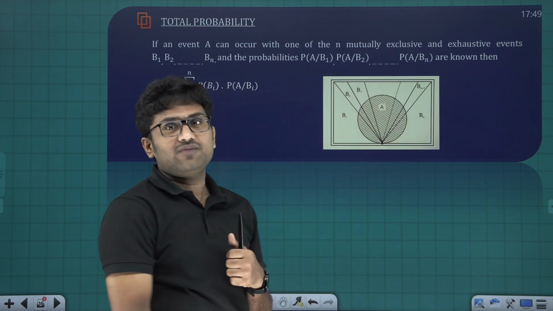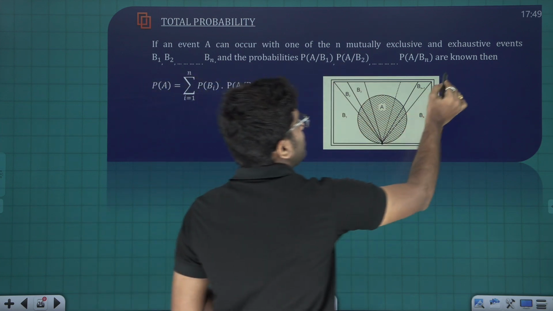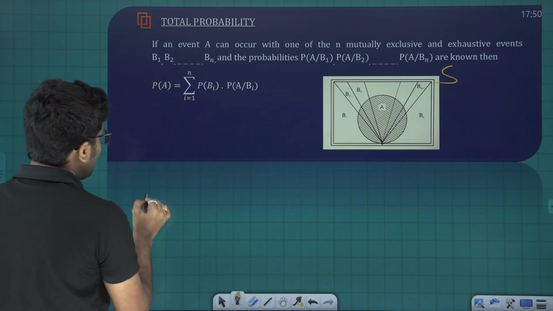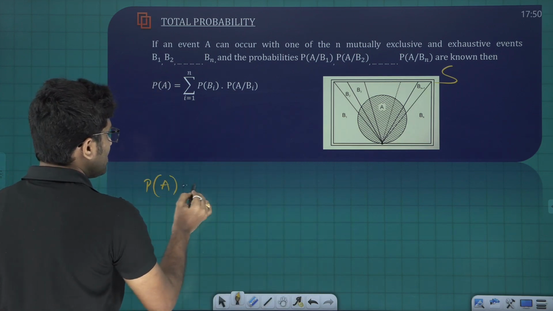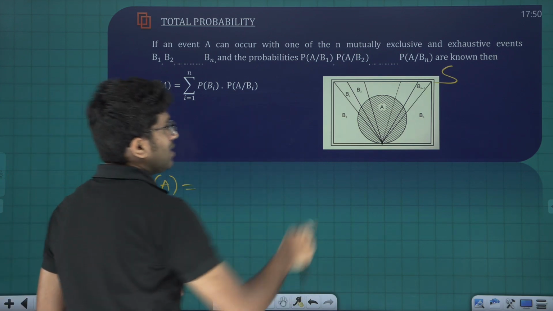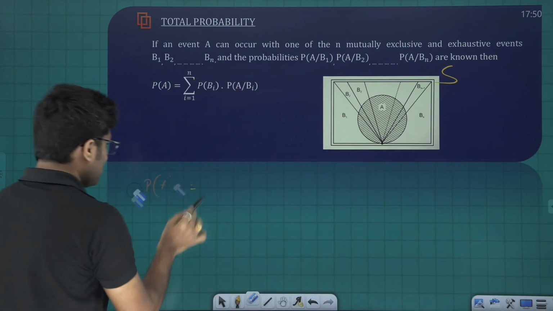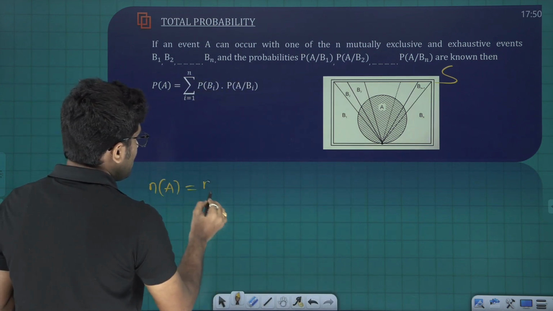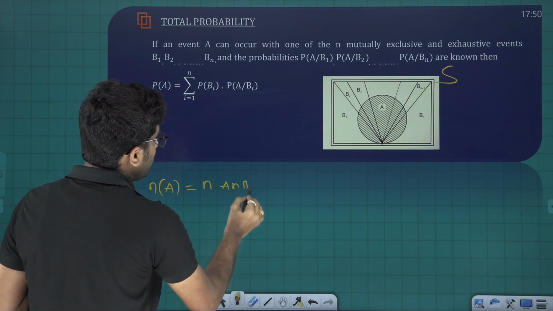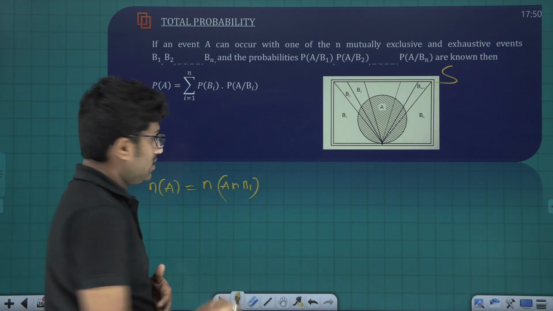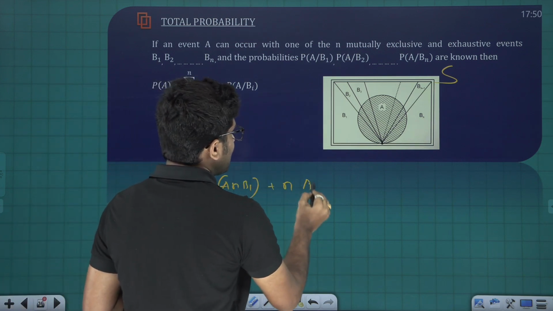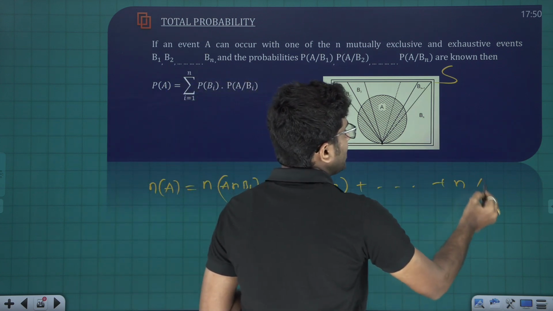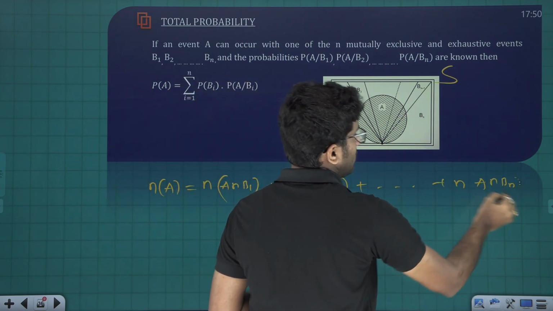be another event which is associated with the same random experiment having sample space S. Then the probability of the occurrence of event A is nothing but, see, A will occur. In simple words, we can prove it by n of A is equal to n of A intersection B1 plus n of A intersection B2 and so on, n of A intersection Bn.